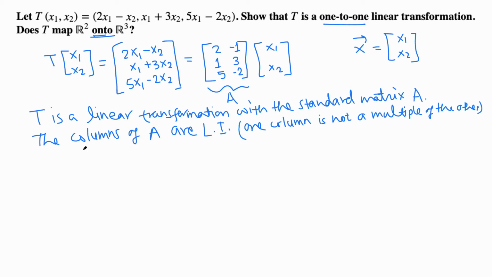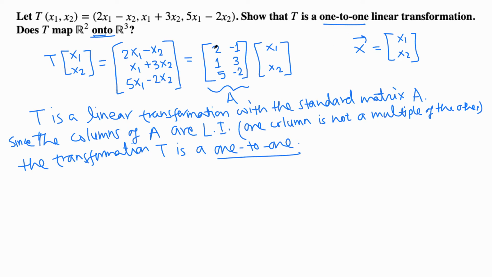Okay, since the columns of A are linearly independent, the transformation T is a one-to-one linear transformation. Because this matrix has two columns, and these two columns are linearly independent.